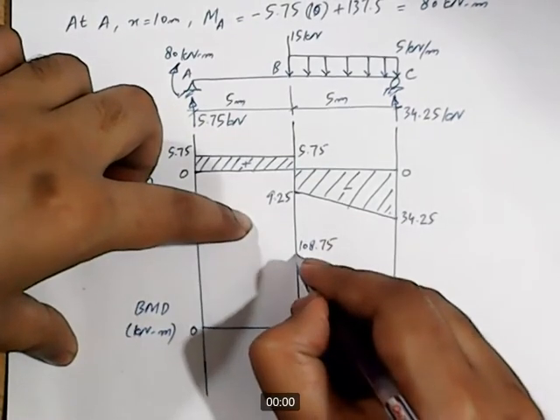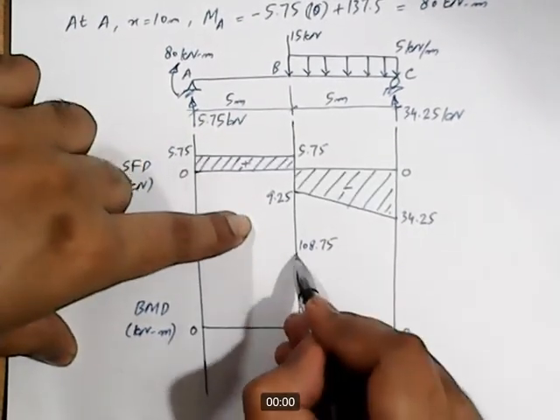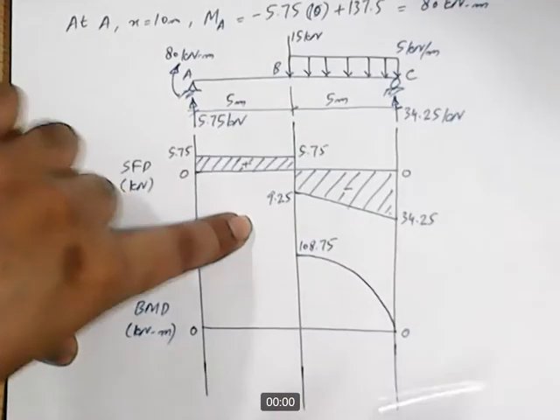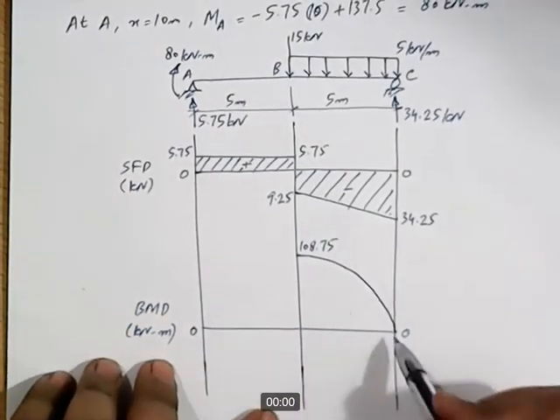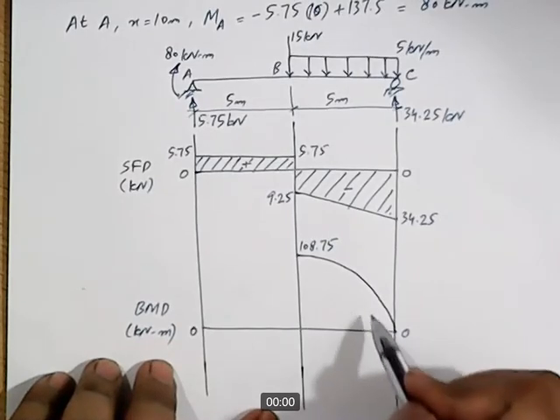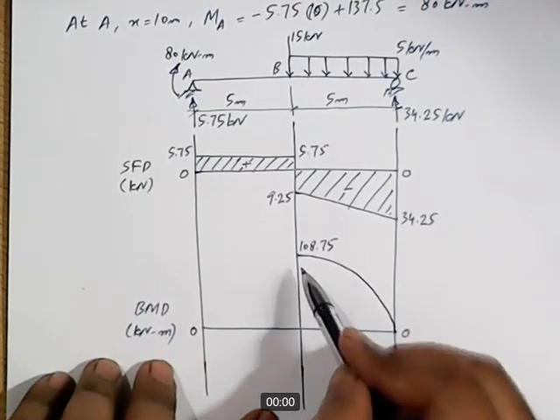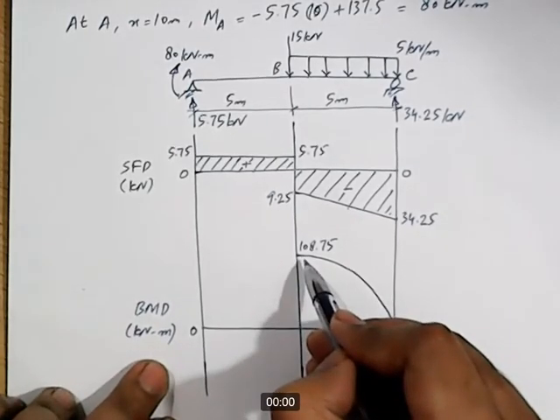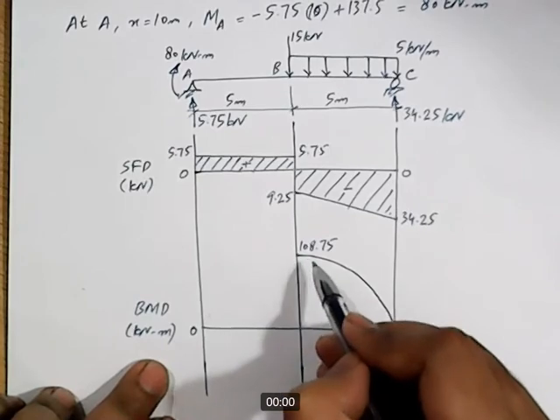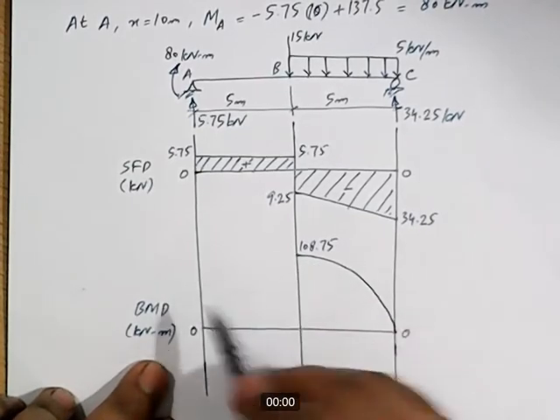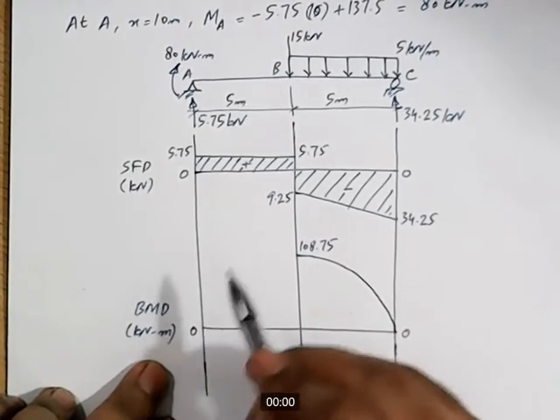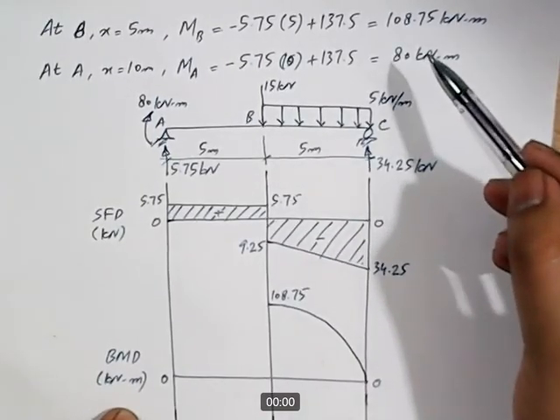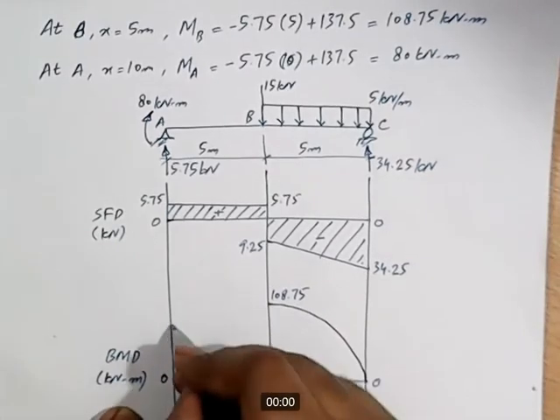So the curve will be somewhat like this. If we proceed in the rightward direction, the slope of the bending moment diagram is decreasing. Then in this part, the value of MB from portion AB is exactly the same, 108.75, and the value of MA, which we have just calculated, is 80 kilonewton meter with a positive sign, so it will be somewhere over here.